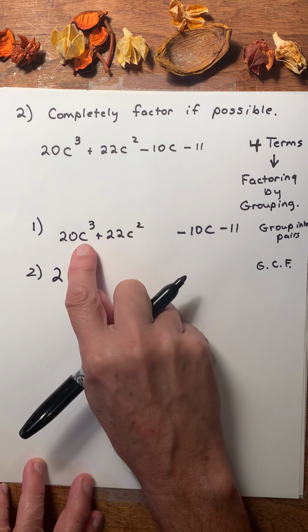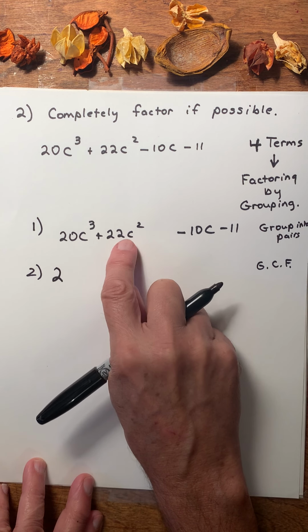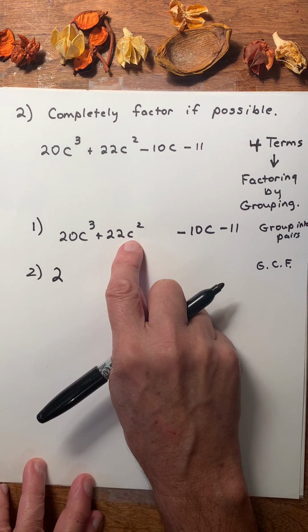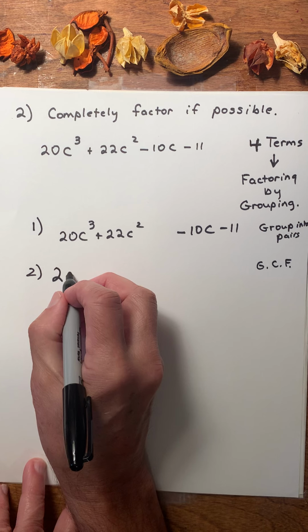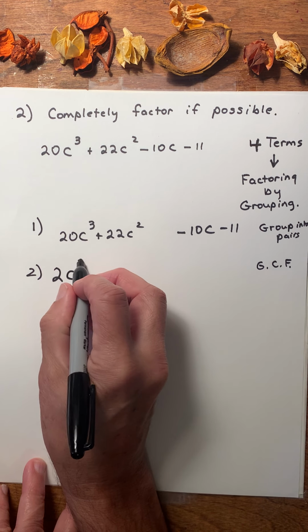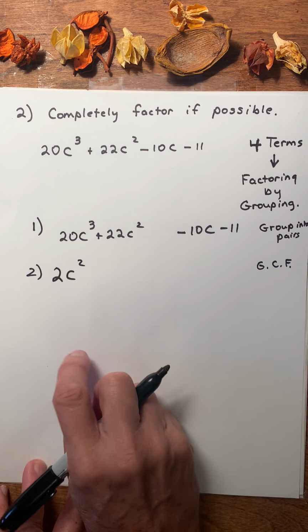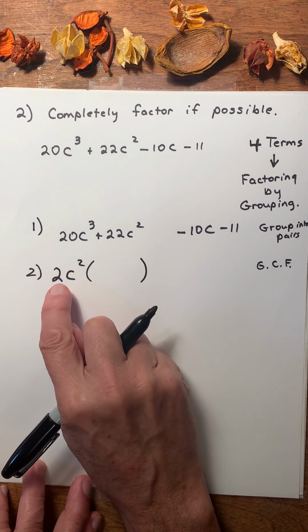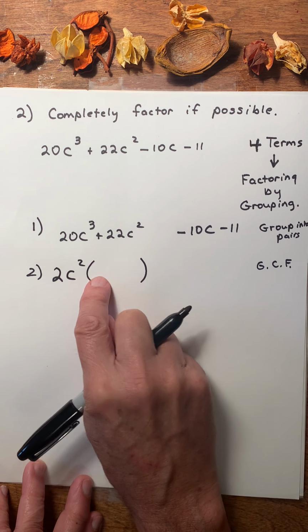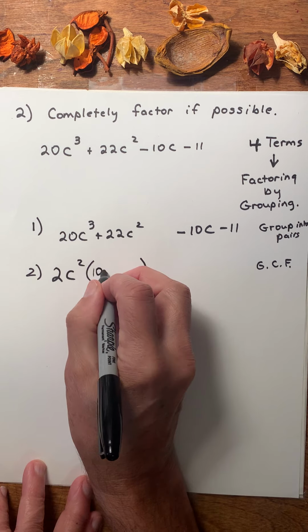Notice they also have powers of C. The smaller power of C is going to be my common factor. They each have at least 2 C's. That one's got 3, that one's got 2. So 2C squared is going to be my common factor. So 2C squared times what gives me that? Well, that would be 10C.